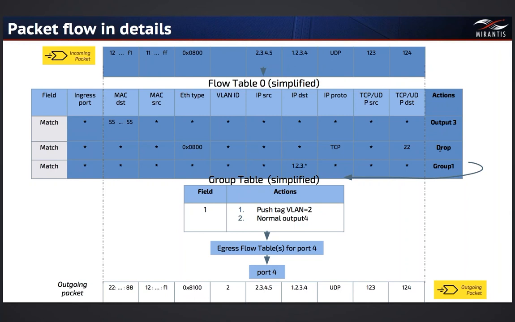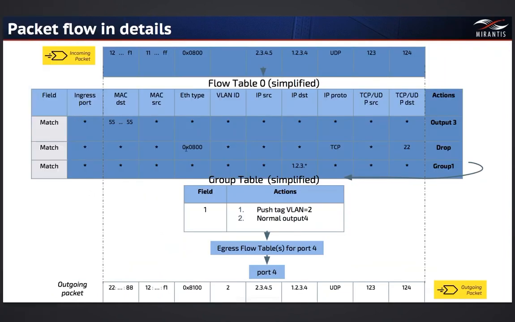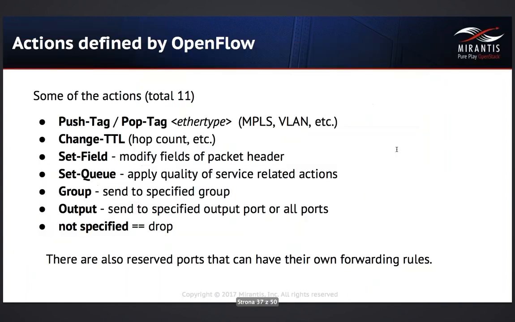There can be different actions, like sending the packet for further processing in the next table, sending it on the output interface, or sending it to an SDN controller for further classification. It can also be an action that modifies the content of a packet, and so on. So once again, we have tables, we have rules. When a rule is matched for a given packet, then the action is executed.